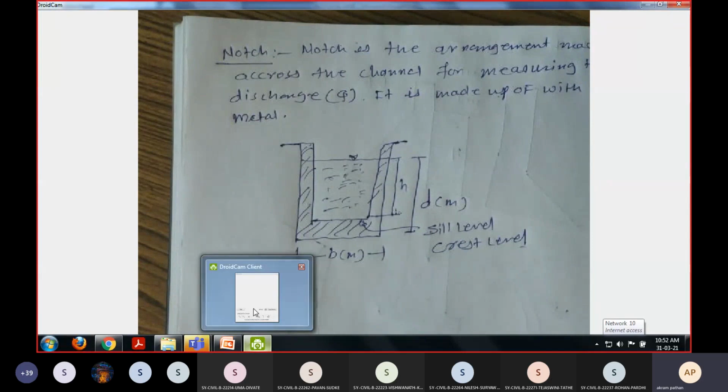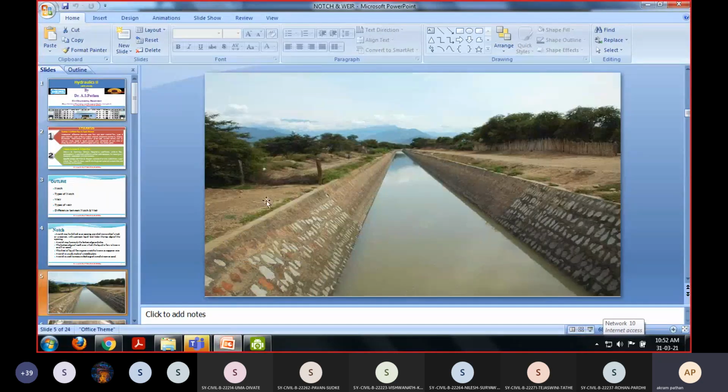We have the rectangular notch and rectangular weir. We have the trapezoidal notch, trapezoidal weir. As per the shape of the channel, we have to place the same shape for the notch and weir. For example, if we have a trapezoidal channel, we have to place a trapezoidal notch or weir across the flow.